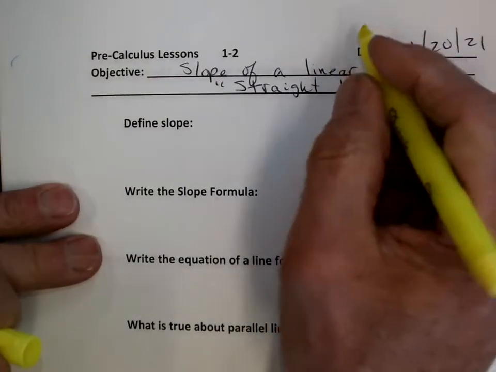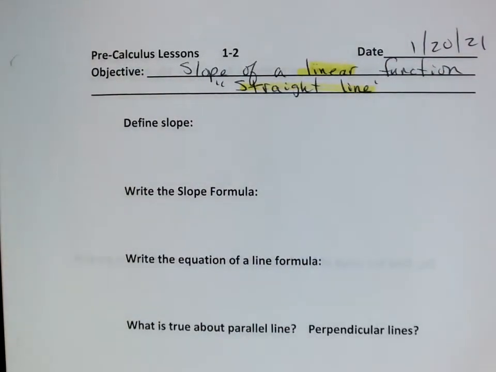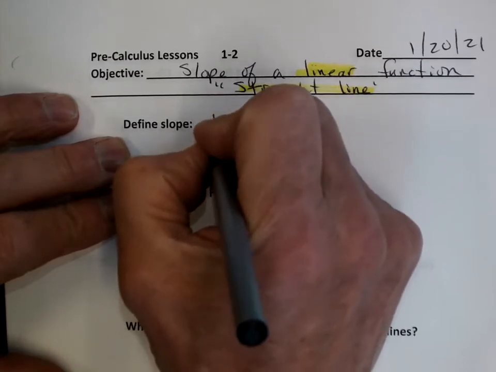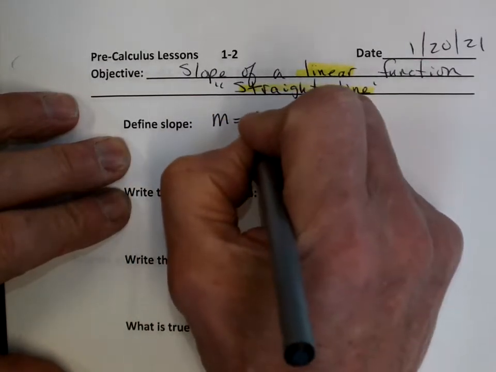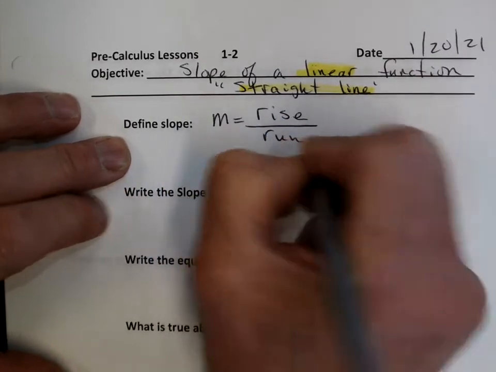So if it's a linear function, it's a straight line, which means the slope is always the same all along the line. And we use the symbol m, rise over run, okay?